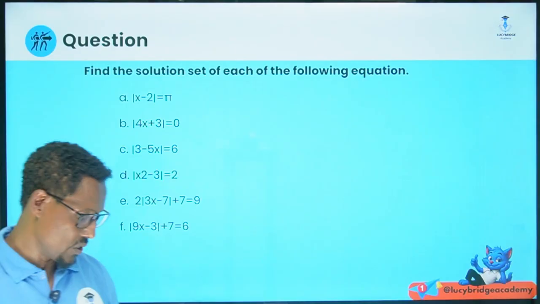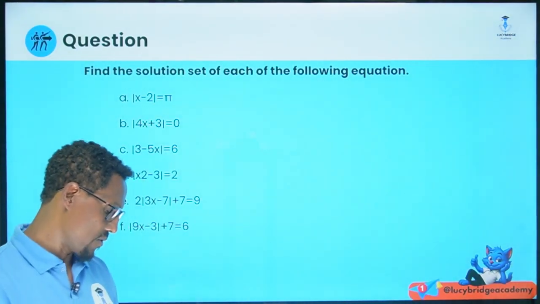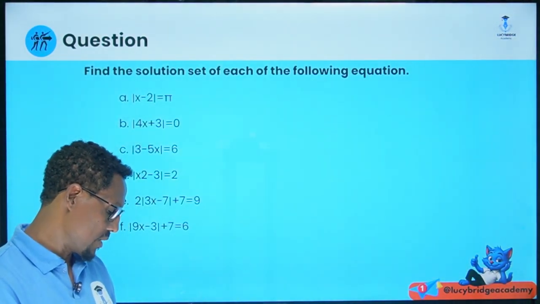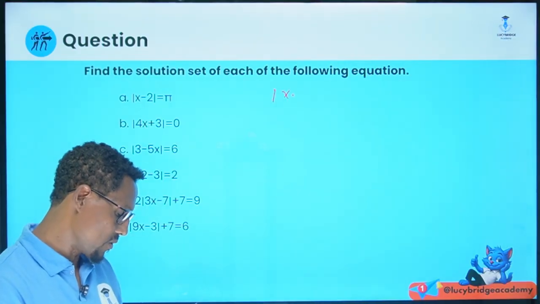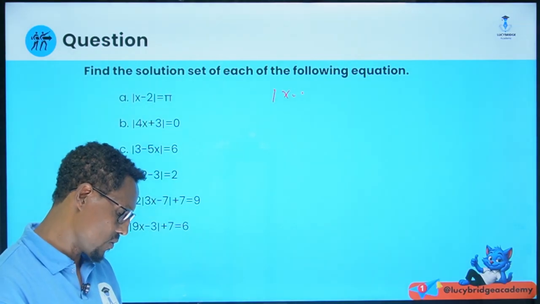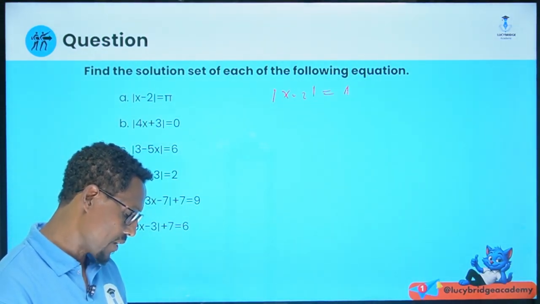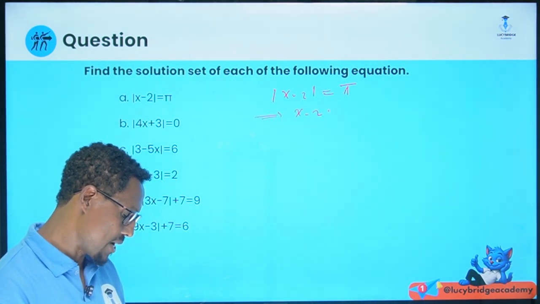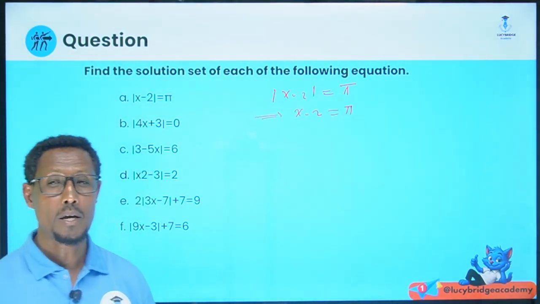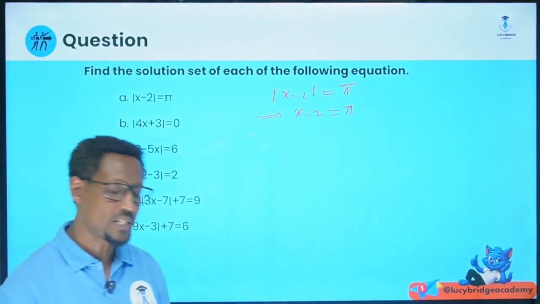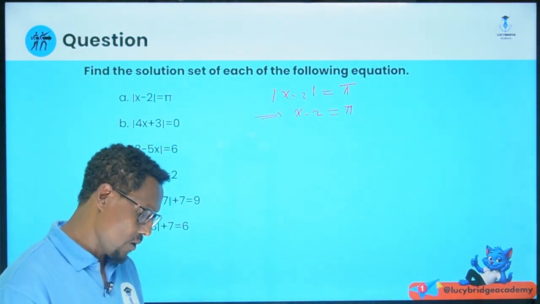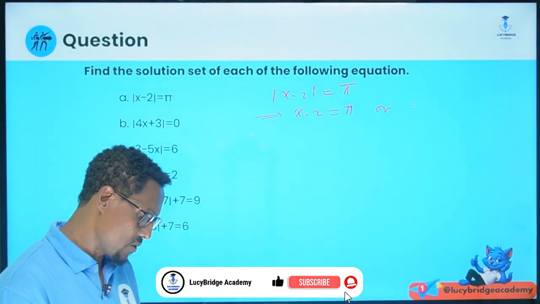Okay, find the solution set of each of the following equations. All right, let me start from the first one. The absolute value of x minus 2 is equal to pi. The distance between x and 2 is equal to pi. Using the first definition, this means x minus 2 is equal to pi, since pi is a positive real number, or x minus 2 is equal to minus pi.